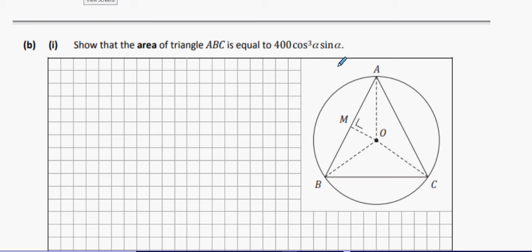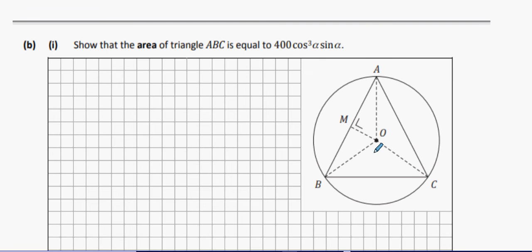And so we could do base times height. Half base times height. There's many different ways to go about this one. Yeah, there's so many different ways to do this. It's actually insane. So I could do base times height for all three of them. Another method could be that you see the way you know that that one's 4a from earlier.